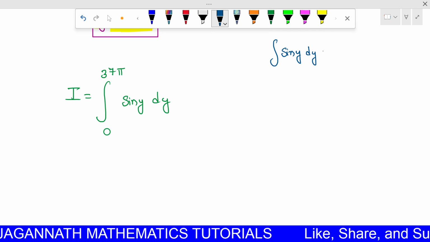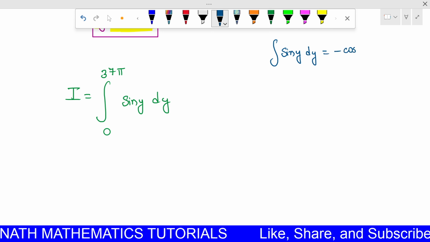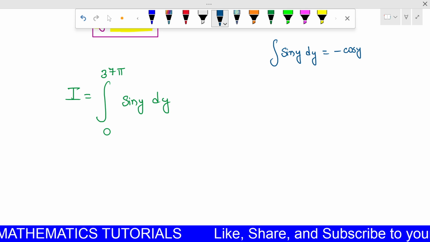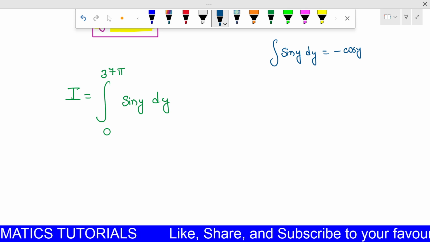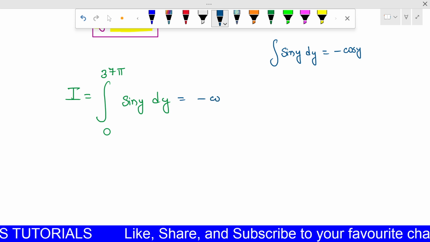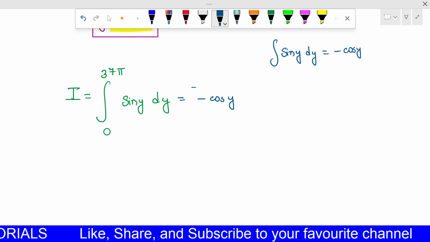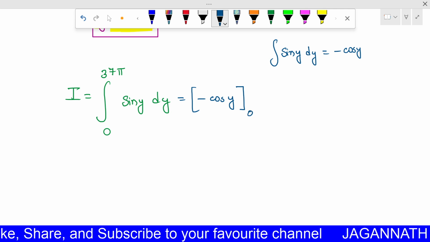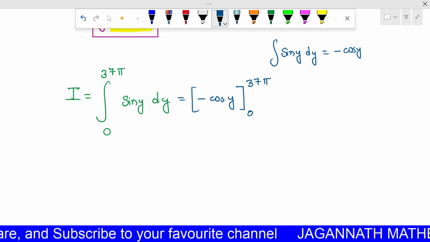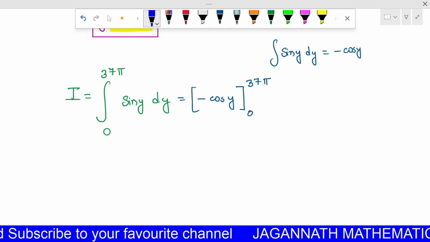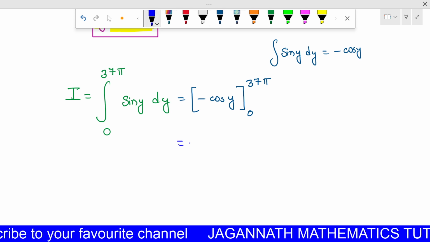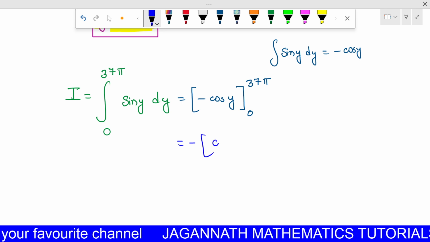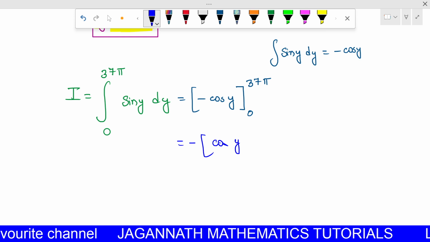The integral of sin y is equal to minus cos y, right? So over here we will have minus cos y, and then we have the limits of y as 0 to 37 pi, right?